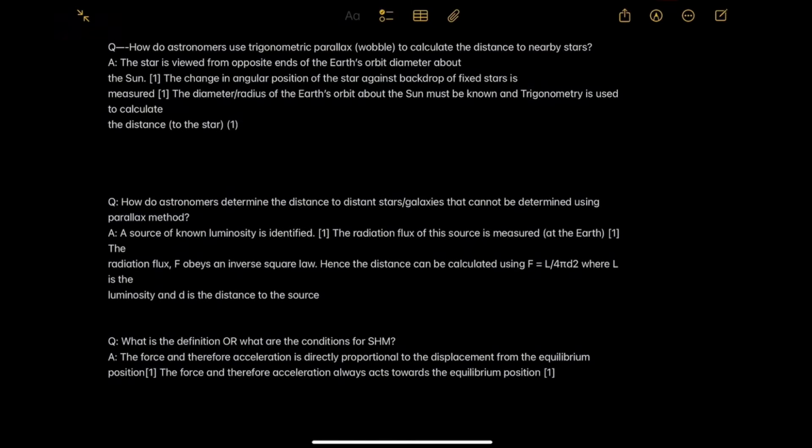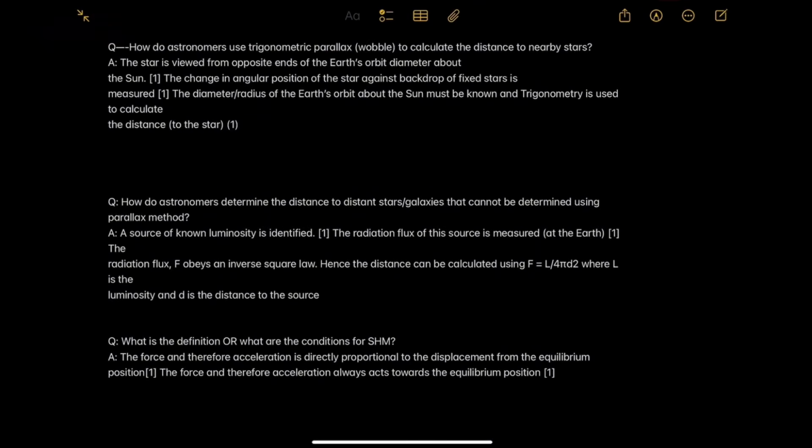FAQs that might come in your exam, that I am predicting will definitely come. One of them is trigonometric parallax, which is a 4 marks question. If you don't know how to answer it, and you don't have time left to understand it right now, it's better to memorize it, because this is the same question that comes every time.